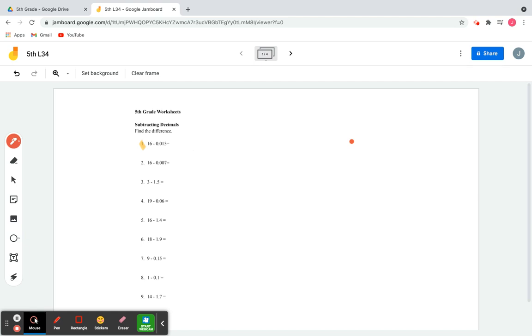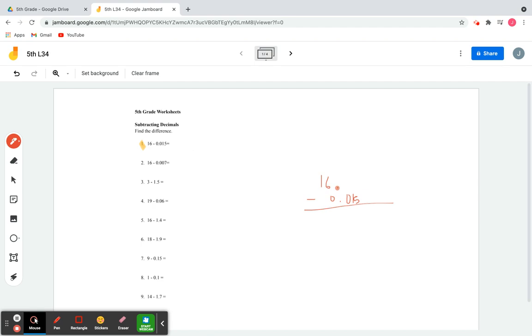So let's get started. The first one we're going to learn is subtracting decimals, and we're going to work on number 1 together. So for number 1, we have 16 minus 0.015. So this number has decimals, but we don't have decimals for 16. But it actually does have decimals, they're just zeros, so we just didn't write it.